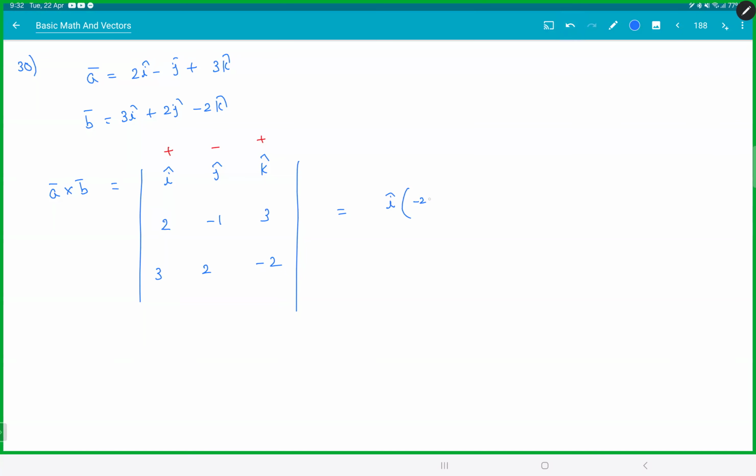That would be -2 into -1 minus 2 into 3. And then we have, so this and this will go off. So that will be 2 into -2 minus 3 into 3. Then we have plus K cap. So be careful to minus J there. Don't forget that. So this and this are gone. Then we have 2 into 2 minus 3 into -1. There. That will be -2 plus 2 and -6 -4 I cap.